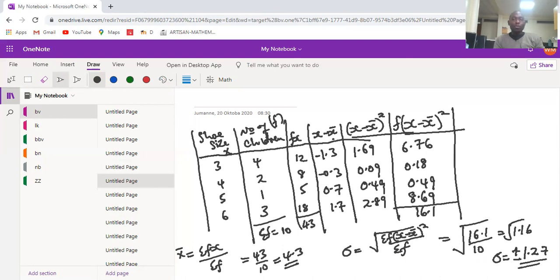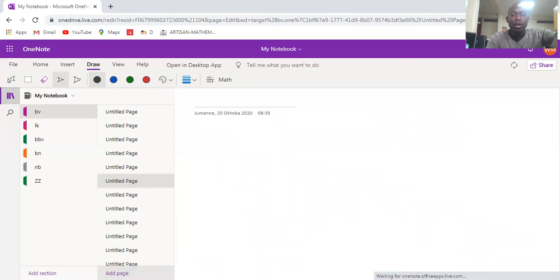Lastly, I want us to do the standard deviation from the grouped data, so that now you can be able to tackle any question that comes along your way with regard to standard deviation. And you can have a very simple exercise like this. Maybe you are told the profit that was realized by companies was given as follows.